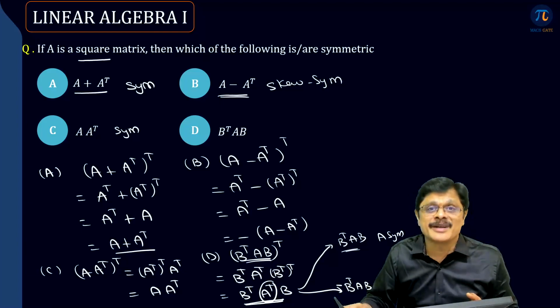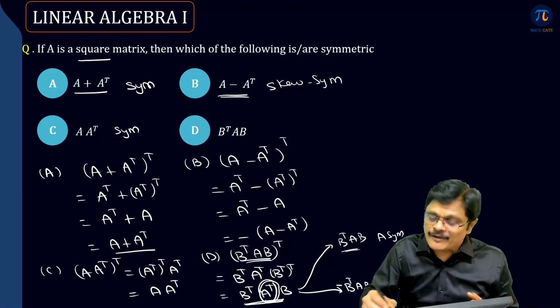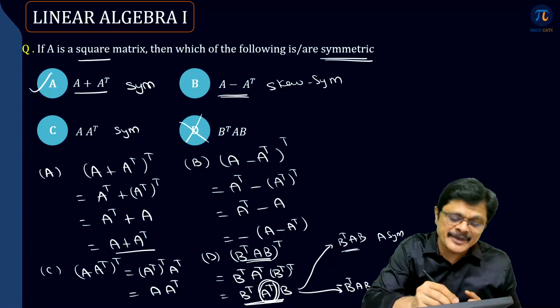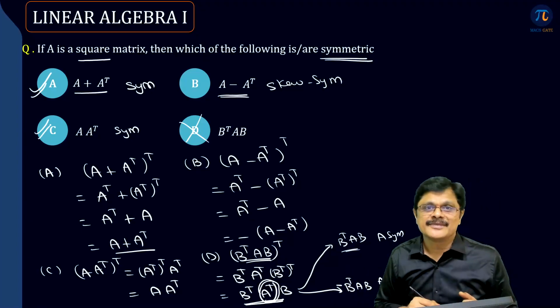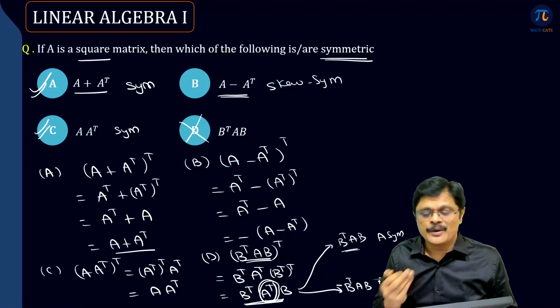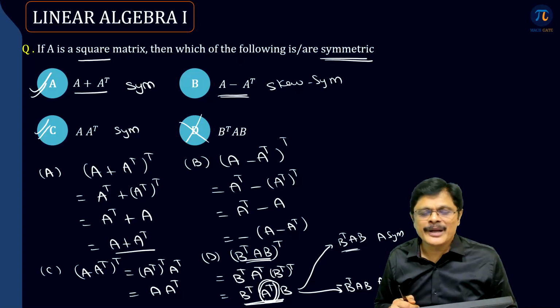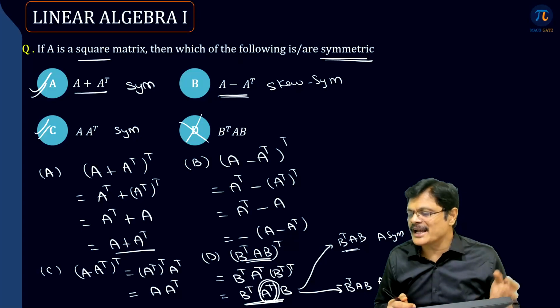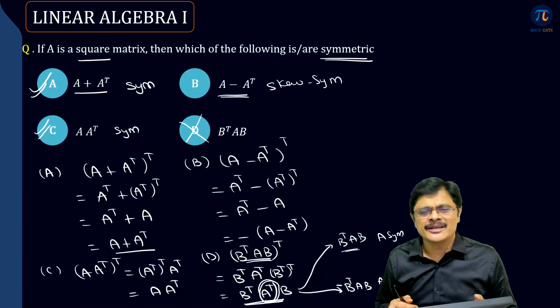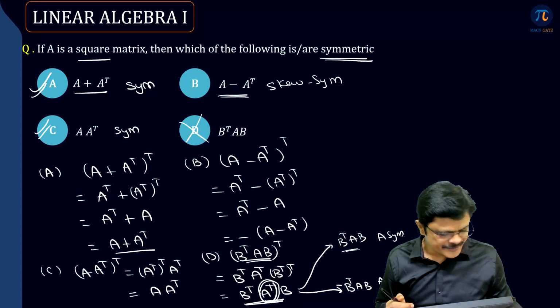It becomes skew symmetric. So it depends on the value of A. You can't say anything about it. The question is, which of the following are symmetric means A and C are symmetric. Which of the following are skew symmetric means B is skew symmetric. What about B transpose AB? We can't say directly. It depends on whether A is symmetric or skew symmetric. If A is neither symmetric nor skew symmetric, pray God.